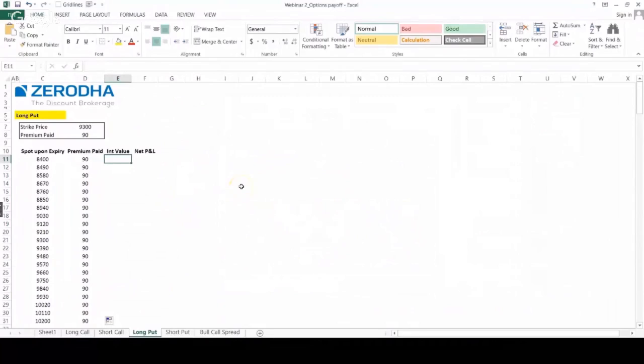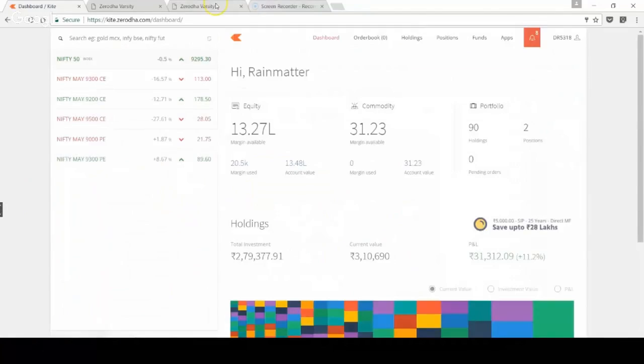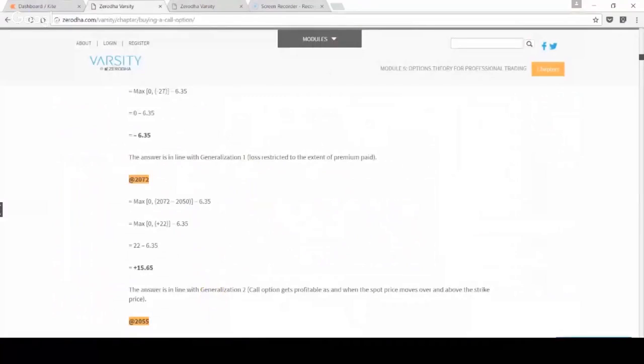The intrinsic value of a put option, guys, this is the main point here. You need to know what intrinsic value is and how it is calculated. If you're not familiar, please go through these chapters and you will know.